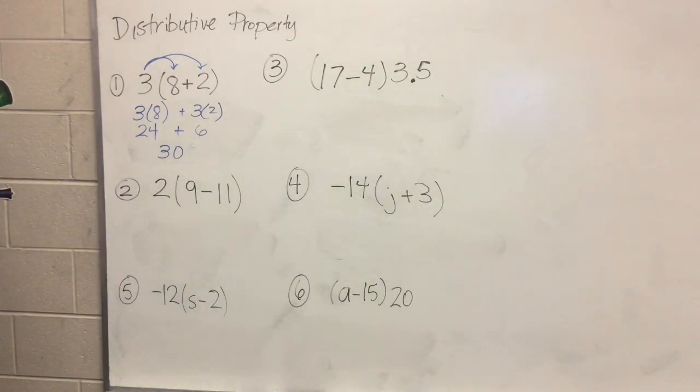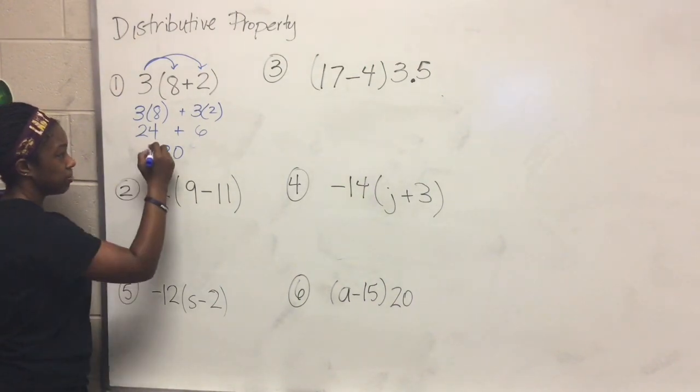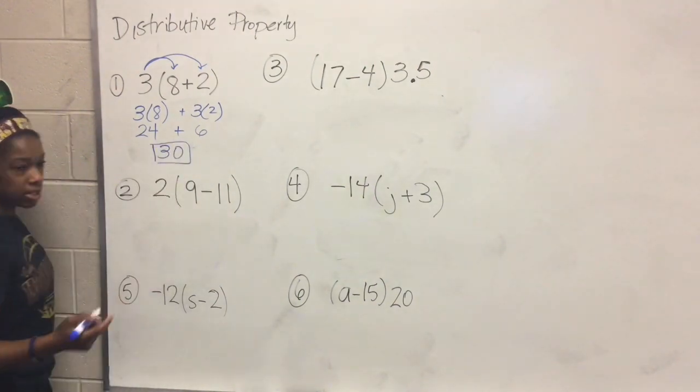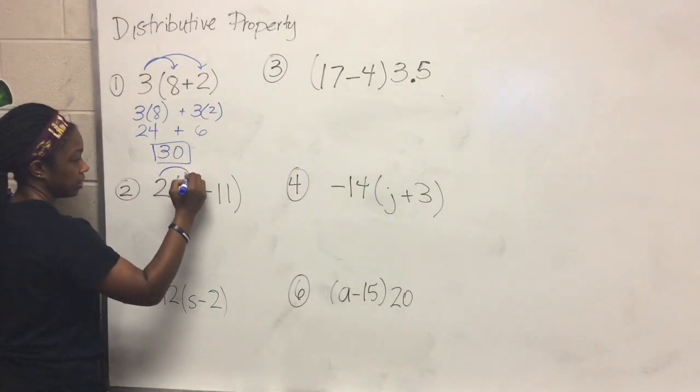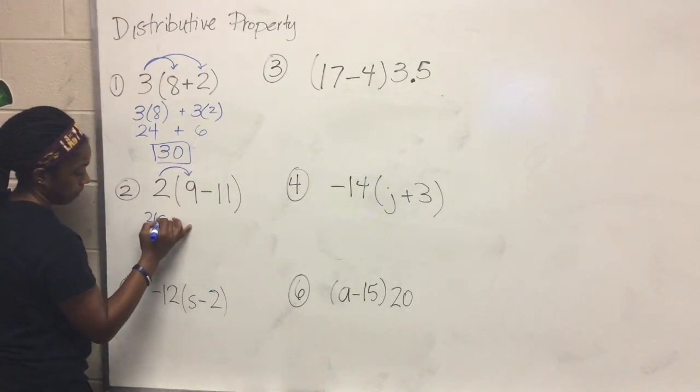Okay? So if we look at number 2, we have the same thing, 2 times 9 minus 11. So I will do the same thing, draw the arrows. It's important that you draw your arrow. So if I have 2 times 9, I'm going to write it.